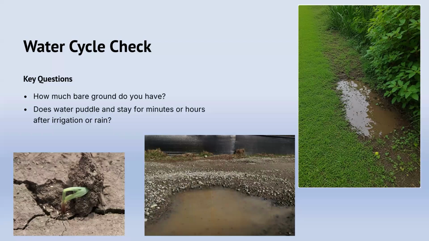And also, do I have areas that are puddling for an extended period of time after I irrigate or after there's a rainfall event? Those puddling areas are indicating compaction layers. And you have to address those compaction layers as a building block for everything else.